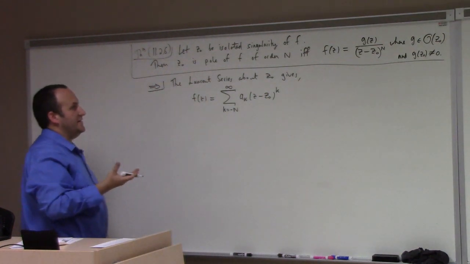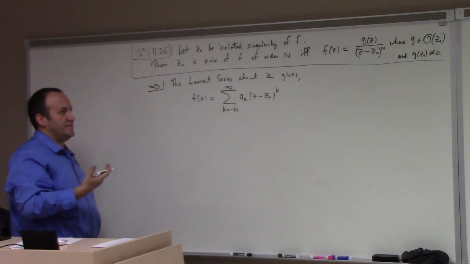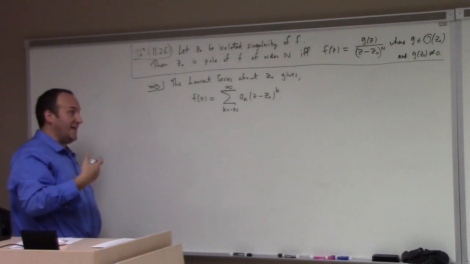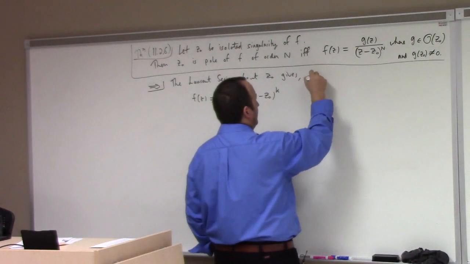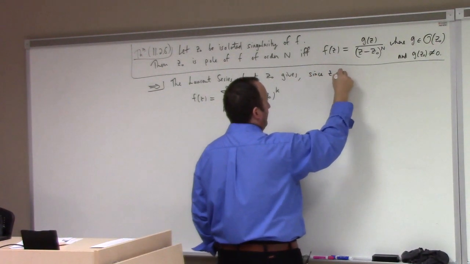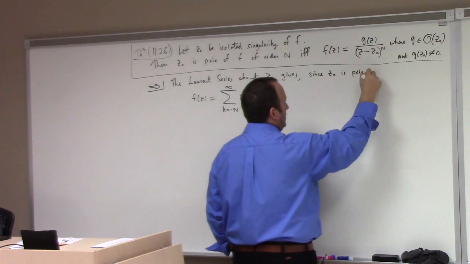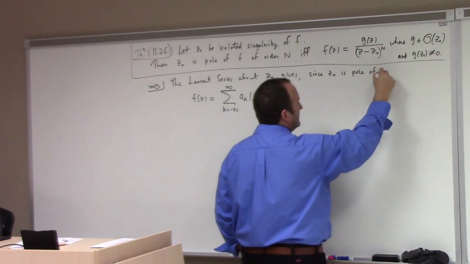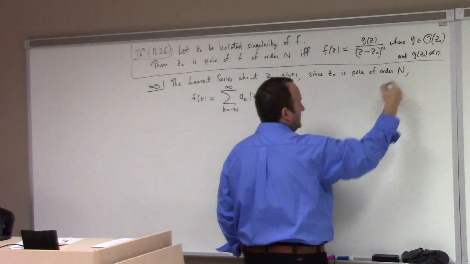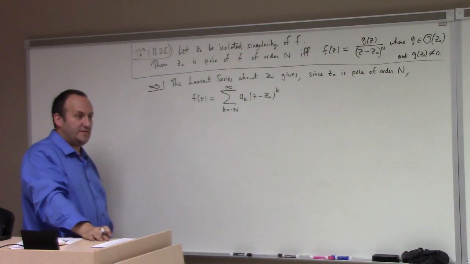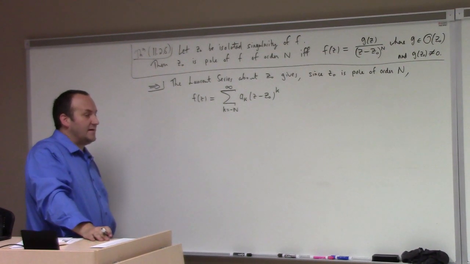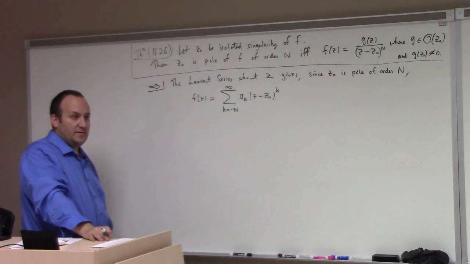And it's the Laurent series about z naught gives this since z naught is a pole of order n. By the definition of pole of order n, that means that the Laurent series has only finitely many negative terms in its expansion, and we can start at a leading non-zero negative term, which defines the order of the pole, which I've said is n here.